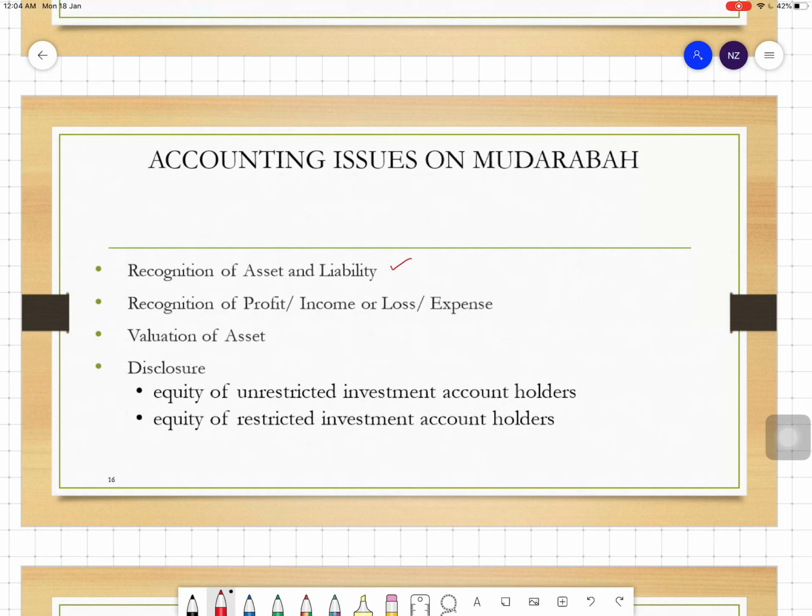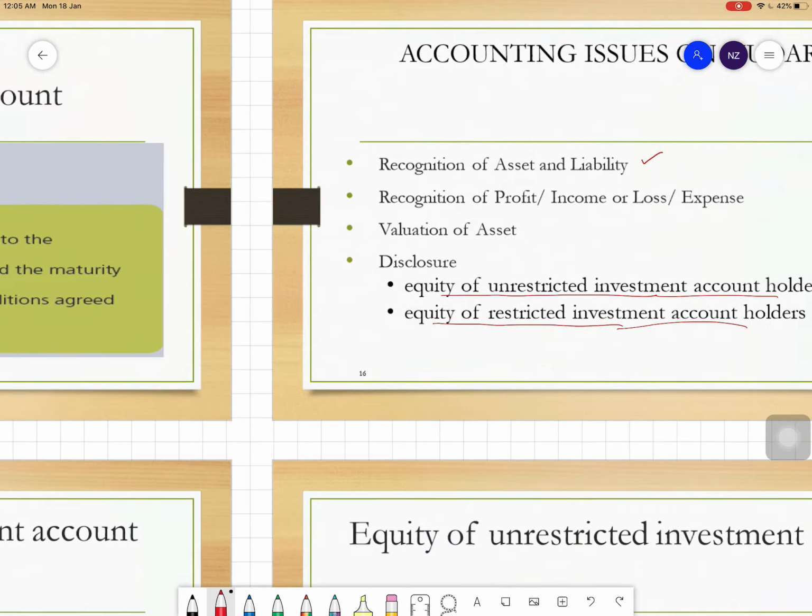Is this asset suitable for customer B as well? So there are issues on that. And in terms of disclosure also, there are issues in disclosing the equity of unrestricted investment and also the equity of restricted investment account holders. Okay, those are the basic issues on mudharabah.